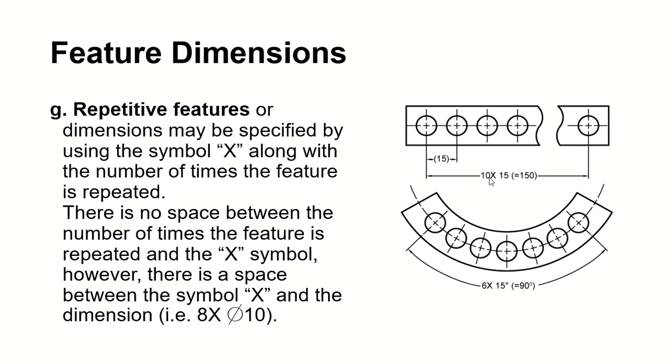You are repeating 10 times, so 10 and then X. Don't put this X in the middle between 10 and 15. The value 10 means how many times you're repeating that feature, and the repeat symbol has to be together with it, no spacing in between. So 10x, a little bit weird reading, but 10x and then 15.